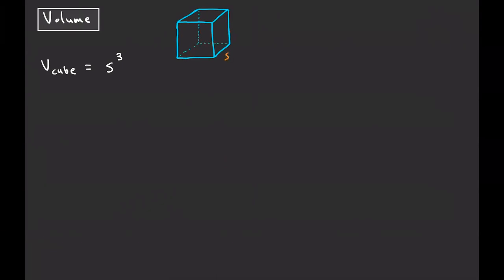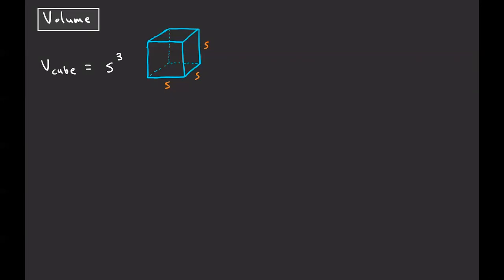So that's our cube there, and it has a length, a width, and a height, and they're all the same. We're going to call them all S. And so the volume of our cube is going to be kind of similar to how we saw before. We're going to walk along this way. Hey, that's S. We're going to walk along this way, say, hey, that's S. We're going to walk up this way and say, hey, that's S. So we multiply them. That gives me my volume for my cube right there.